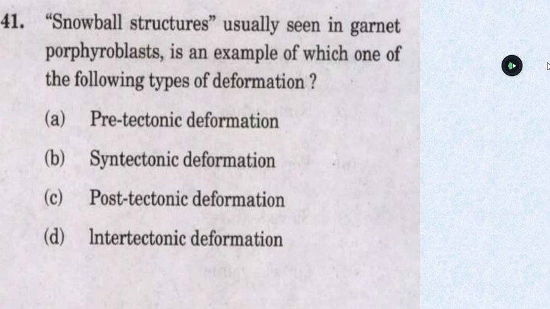What is a snowball texture? That is not the right way to say this. Ritik, you tell me. First tell me what snowball structure is, then you will tell me what syntectonic deformation is. Any other answer?